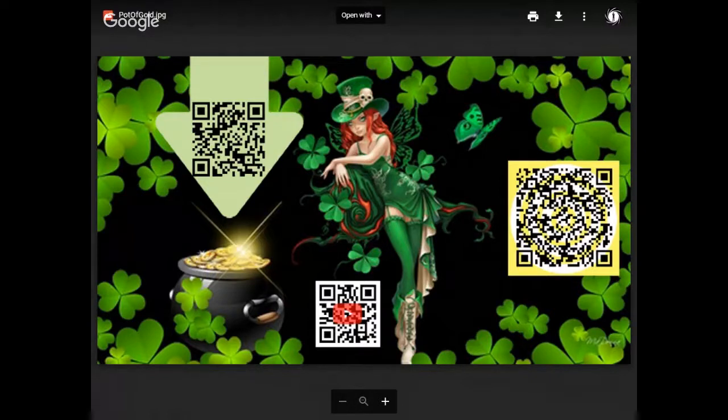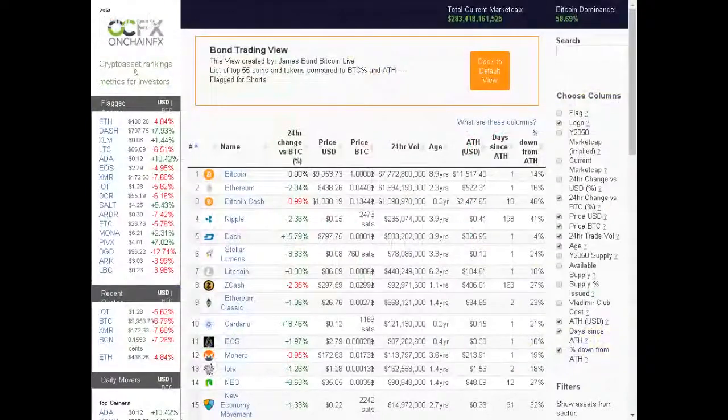All right, so let's see what's next here. This is the James Bond TradingView. As you can see right here, TradingView. And basically this is OC, or on-chain FX.